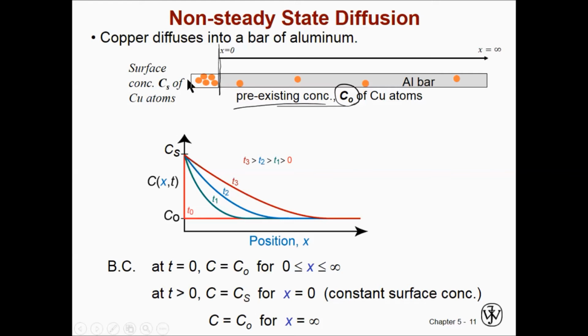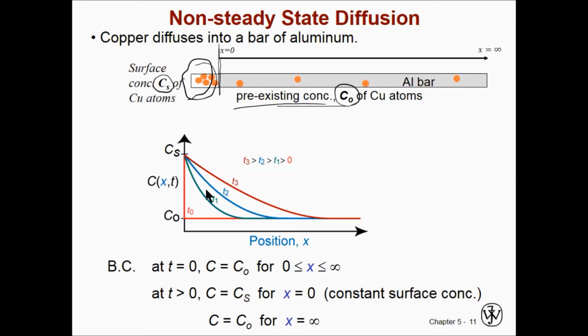Here we bring a copper bar and they touch each other, and inside this copper I have a certain concentration of copper. We call this CS, the surface concentration of copper atoms. So around this I bring a copper rich atmosphere. That amount is CS, the surface concentration.